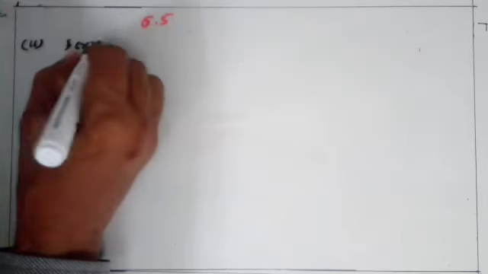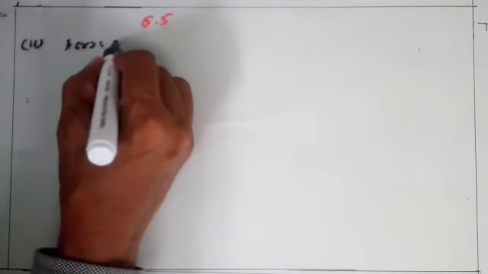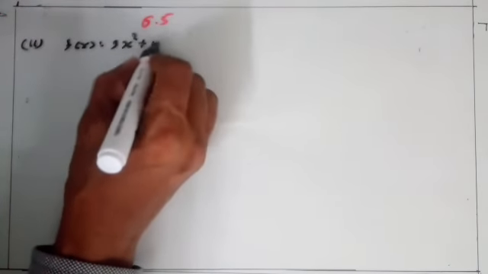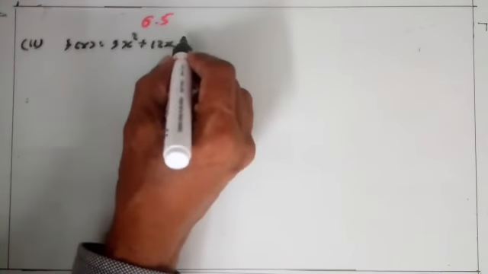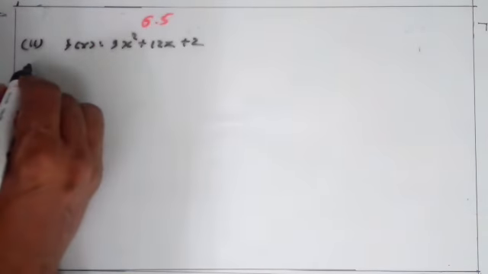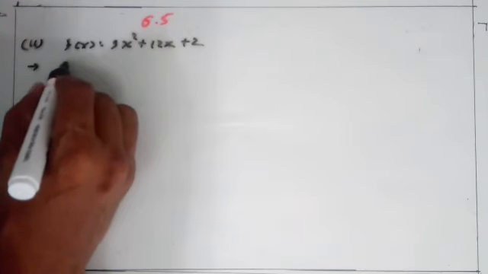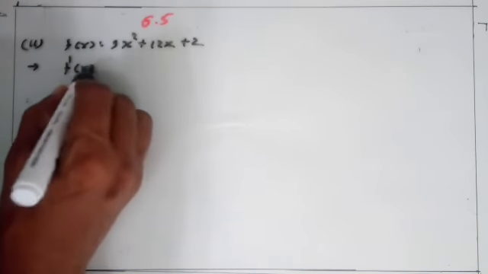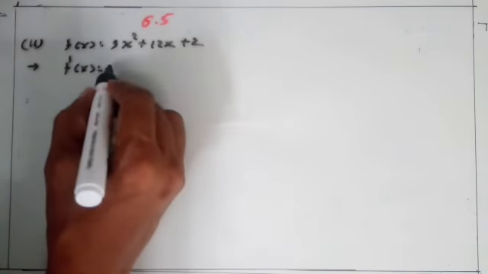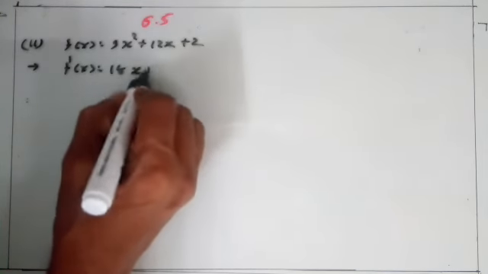Now question number 2. f(x) is equal to 9x square plus 12x plus 2. For extreme value, first get the first derivative: f dash x is equal to 9 into 2, 18x plus 12.